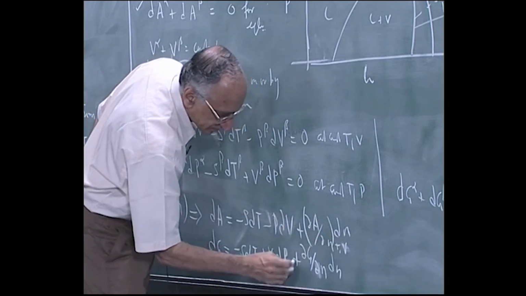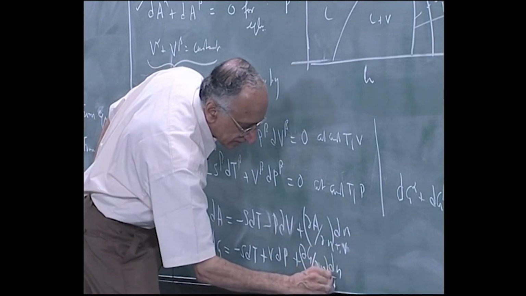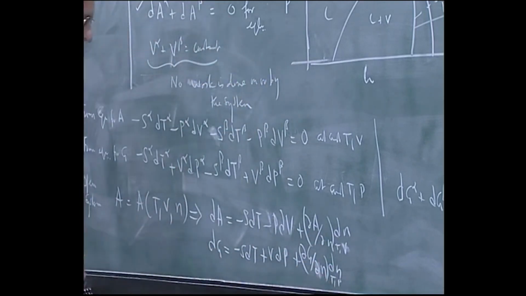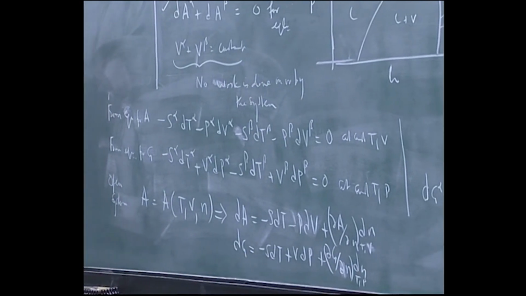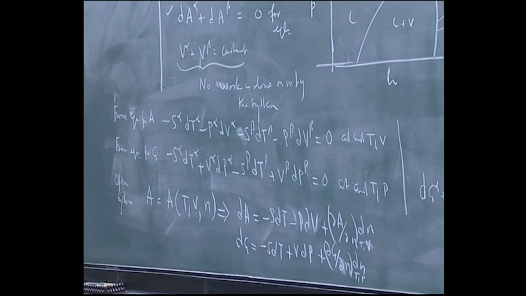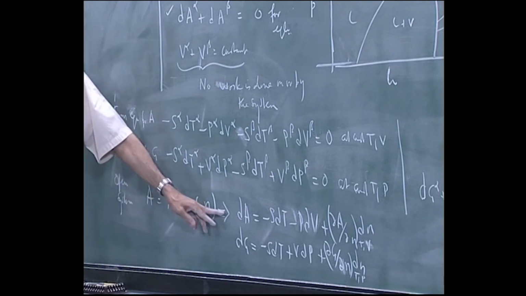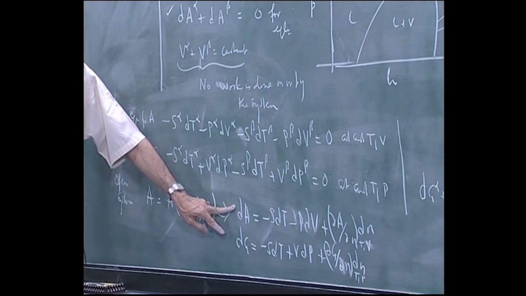TV, and this is T comma P. And by comparing these two, you know G is equal to A plus PV.